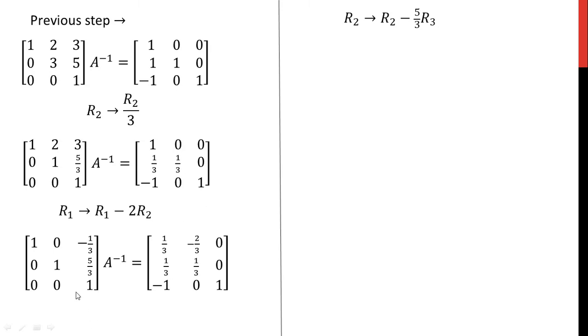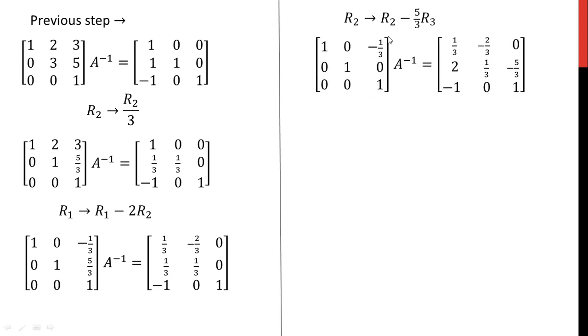Means if you subtract row number 3 from row number 2 by multiplying by 5 by 3, then you will get 0 here. Okay. So see carefully, first row as it is. Now in the second row, this is 0, 0 remains as it is, this 1 remains as it is, but here you will get 0 by this procedure. So second row changes, third row as it is into A inverse.